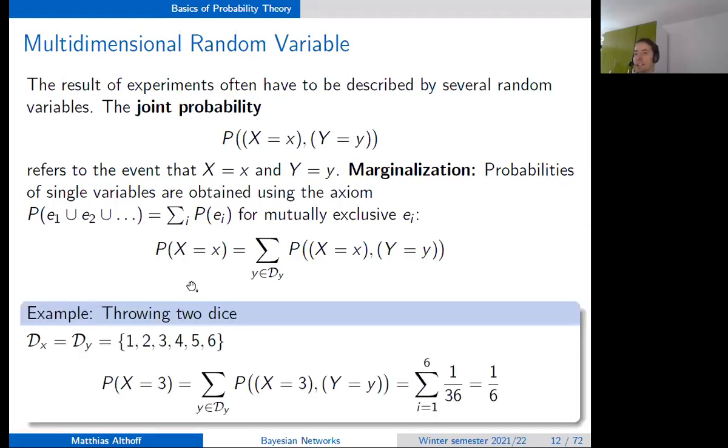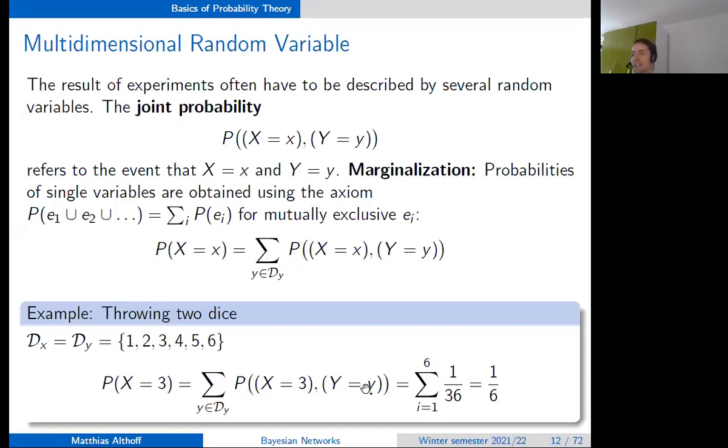So when you throw two dice, for instance, you want to know the probability that the first die has a value of 3, and then you sum up over the probabilities of all values of the other die. What is the singular of dice? I forgot.